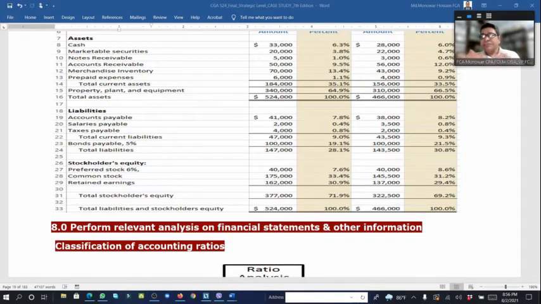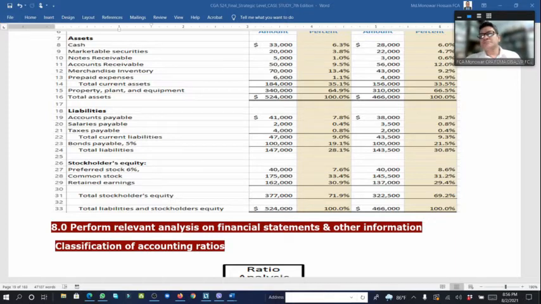What would management think? Previous year accounts payable was 8.2%, but this year 7.8%. That means you paid your payable, because the ratio is less than the previous year. It seems your payable management is accurate, but it is not.